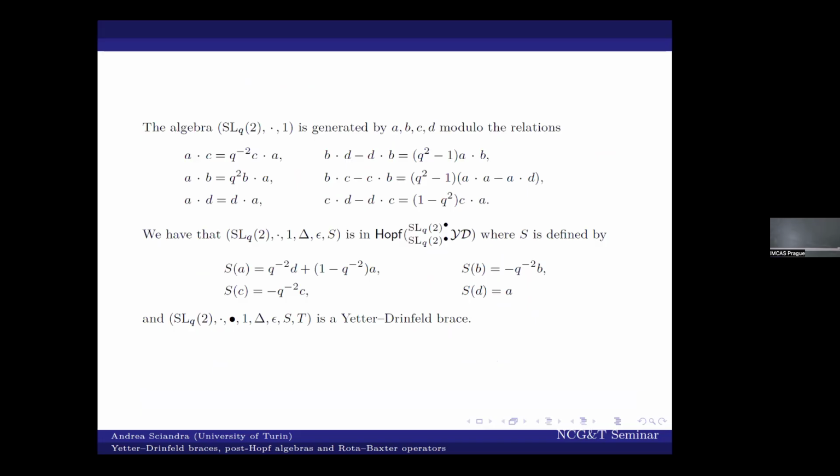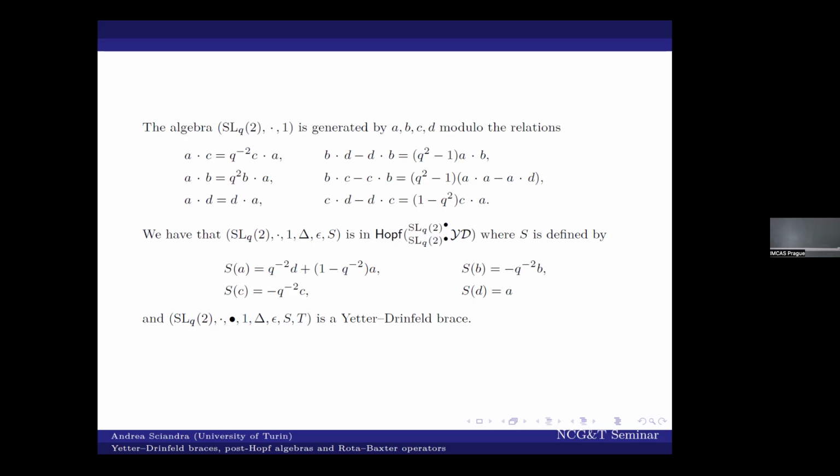I'm thinking in terms of quantum homogeneous spaces, so we think of the usual quantum SL2. Does this algebra have such a structure?